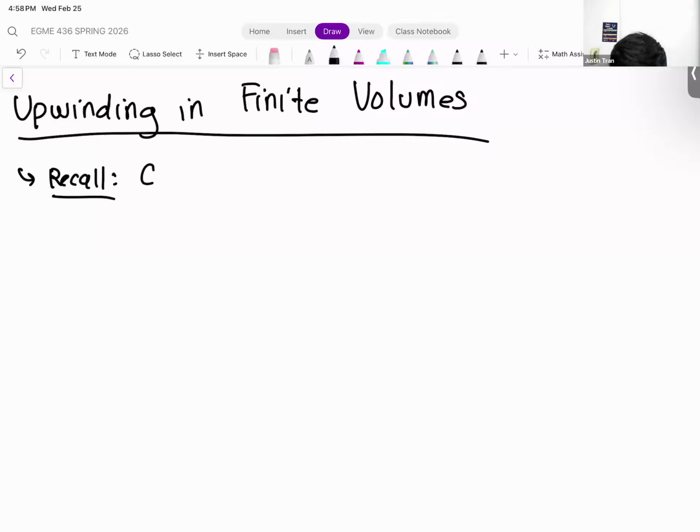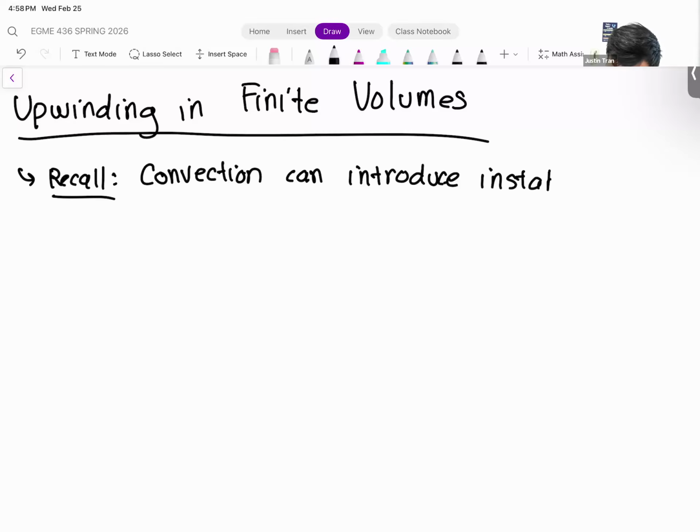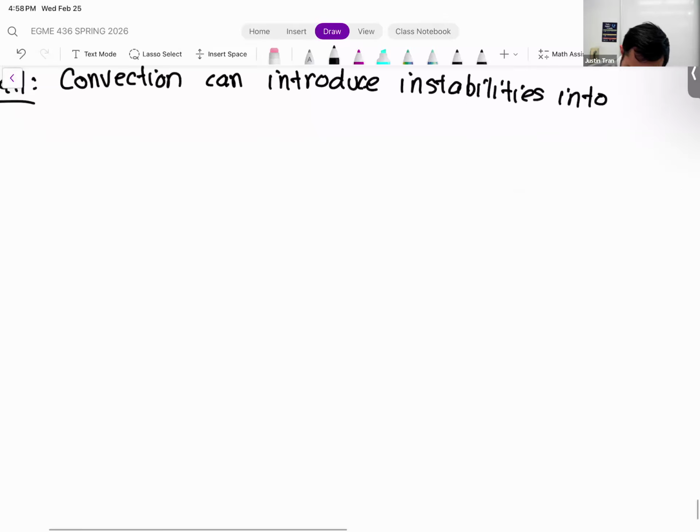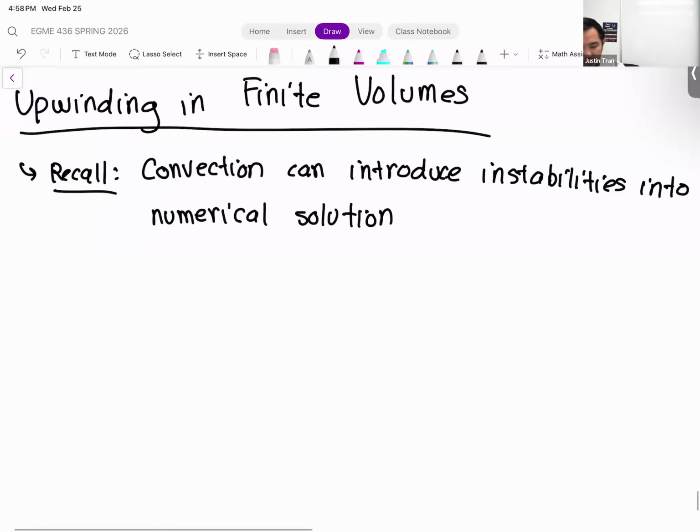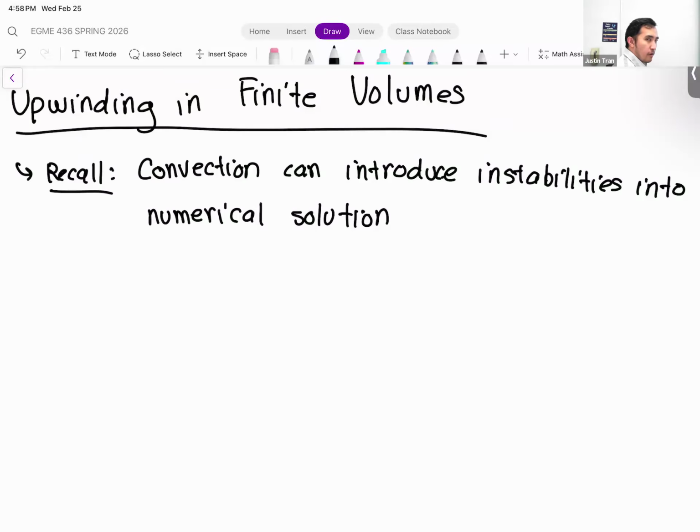So convection can introduce instabilities. Because of how the convection term is formulated mathematically, we can start to have unstable solutions. So how do we deal with this?